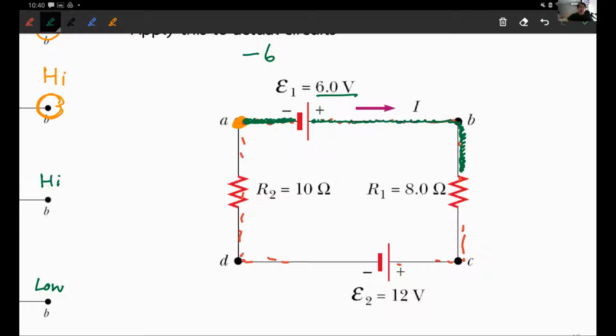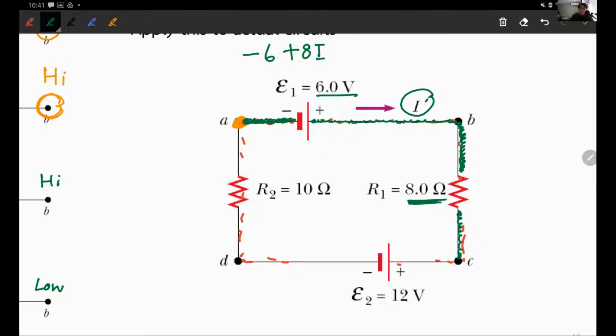It means I'm going along with the flow. Because now I have the current I flowing through the resistance of 8, I'm going to say it's 8I. That's Ohm's law: potential is current times resistance. Because I am walking in the same direction as the current flow, that's my positive direction. Keep going.